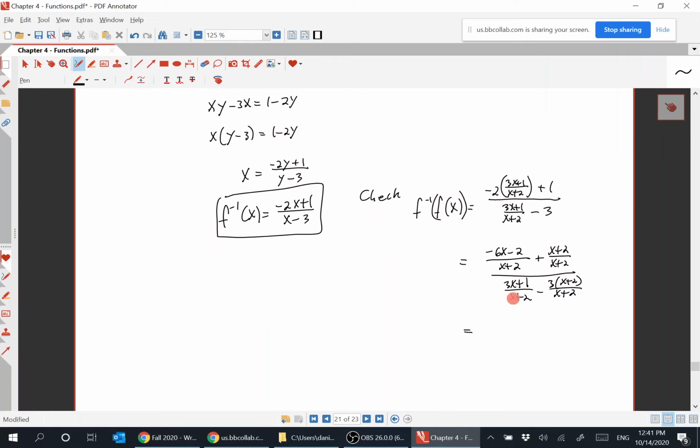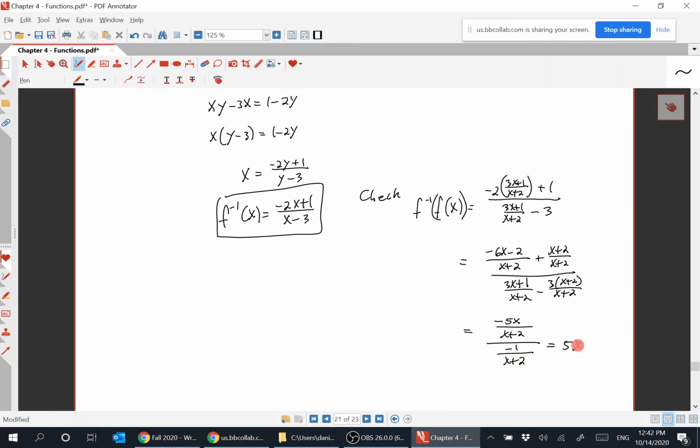So this is minus 5x, minus 6x plus x, and then minus 2 plus 2, over x plus 2, over 3x minus 3x, and then 1 minus 2, so that's minus 1 over x plus 2.